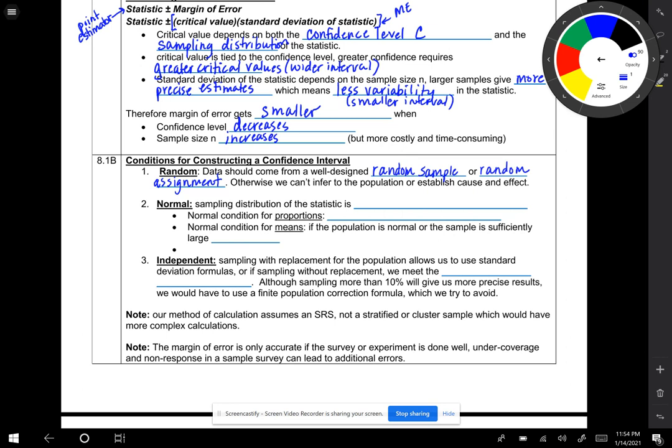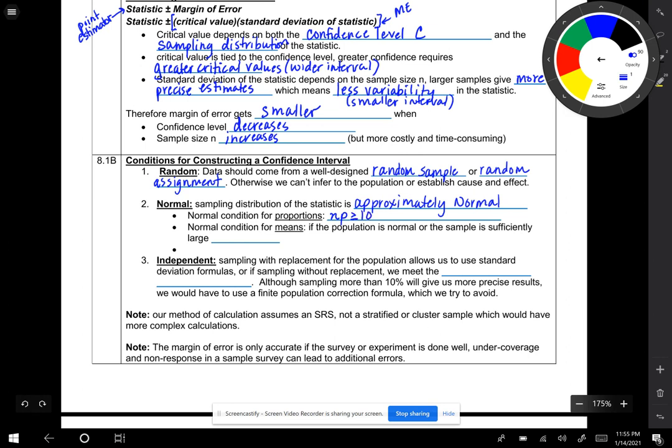The second condition is the normal condition, and we were introduced to the normal condition in the previous unit. The sampling distribution of the statistic is approximately normal. When we're dealing with proportions, the normal condition is n times p is greater than or equal to 10.